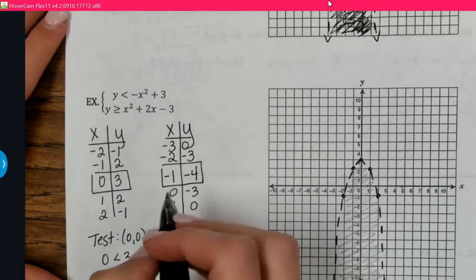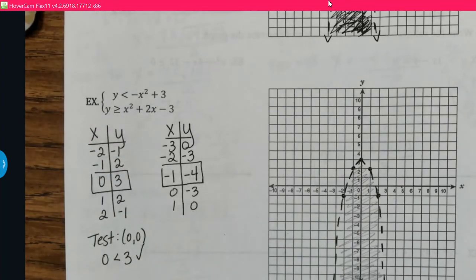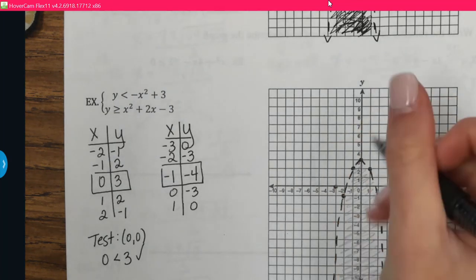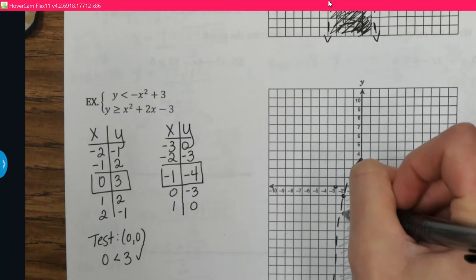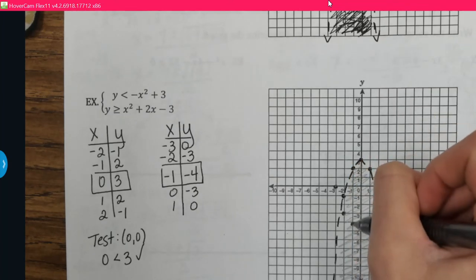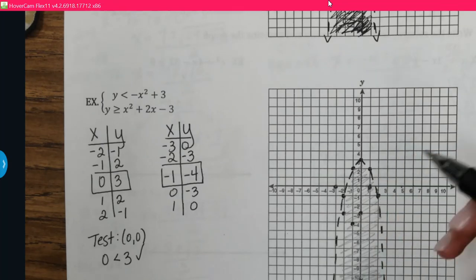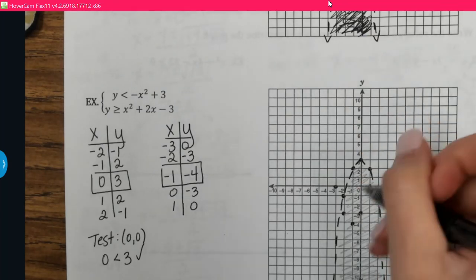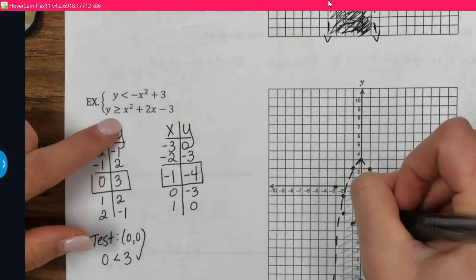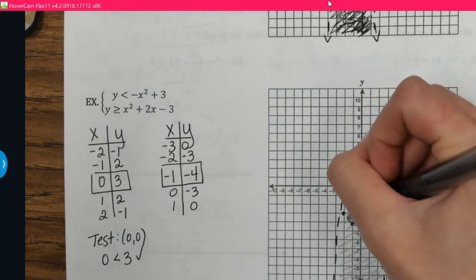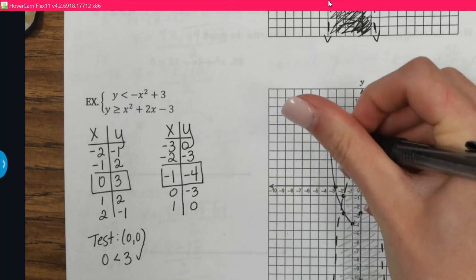Then I need to graph my second parabola, do a second test point. Now that one is greater than or equal to, so will that be dashed or solid? Solid. If you have to use different colors so you can see it, that's fine too.